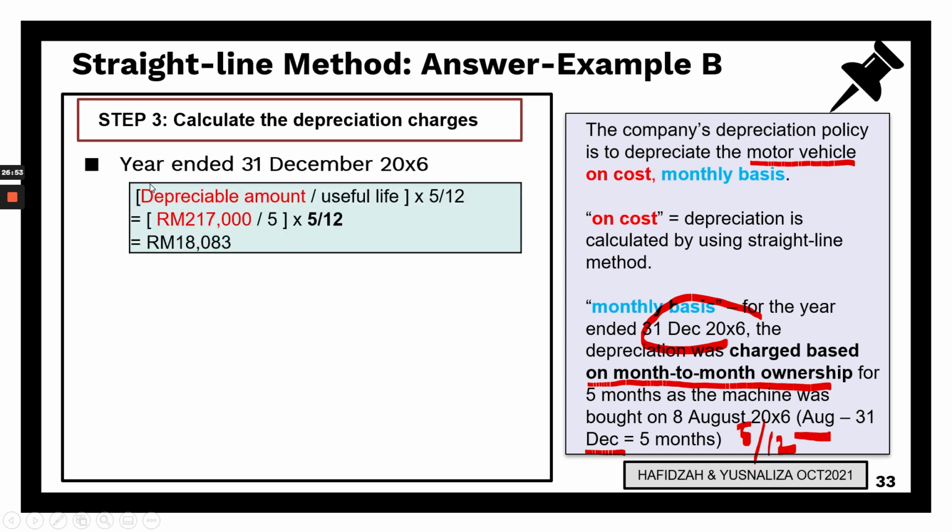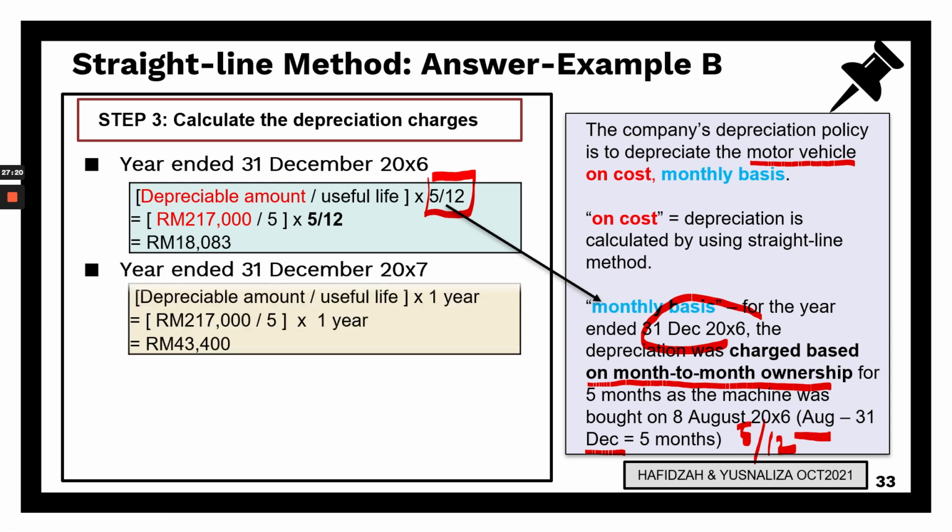And the year ended 31st December, we'll see depreciable amount, which is 217,000 from the previous slide, divided by 5 years. And here you can see that the 5 years here is actually referring to the month of ownership for that particular motor vehicle in the first year, which is year of acquisition.